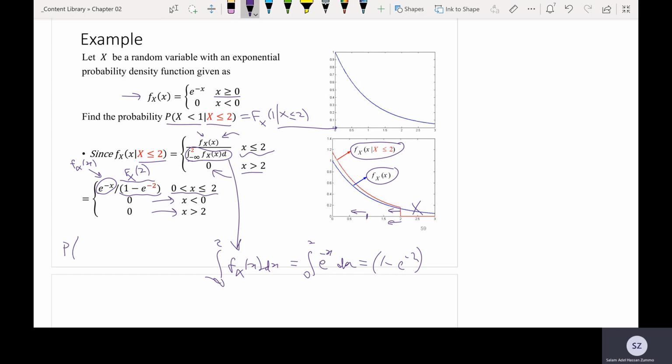It's the probability that x, we said how much, less than 1 given x less than or equal to 2. And I already found the PDF, so I just need to integrate it.